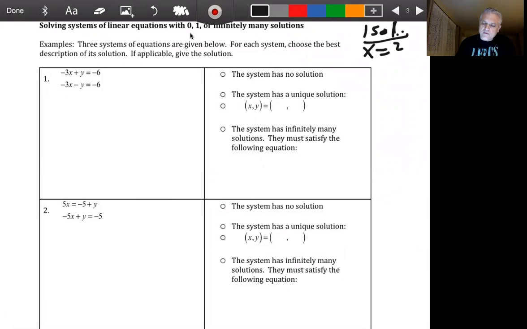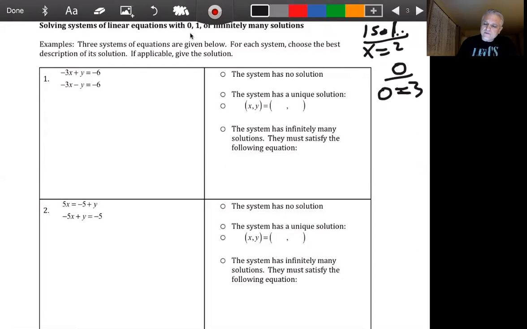If I say you have 0 solutions, an example of 0 solutions might be 0 equals 3. 0 can't equal 3. 0 never equals 3, so this equation is never true.